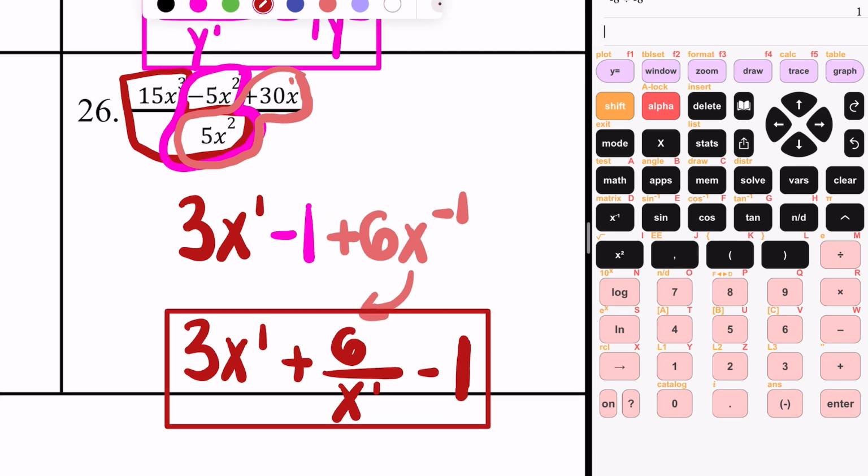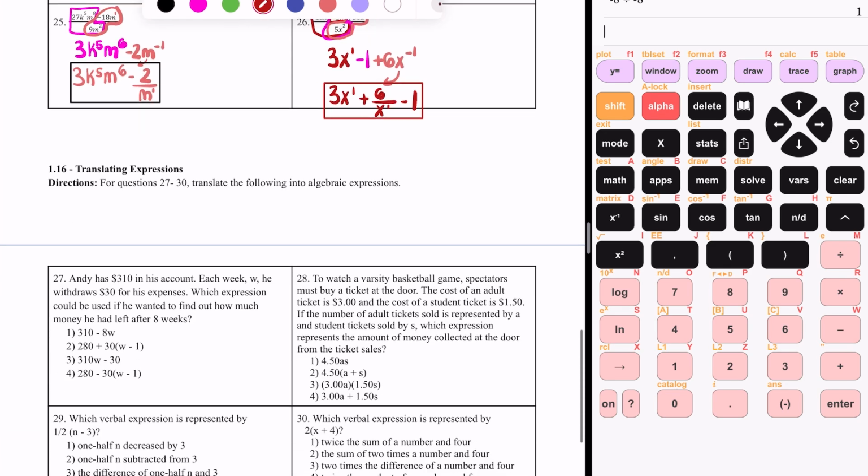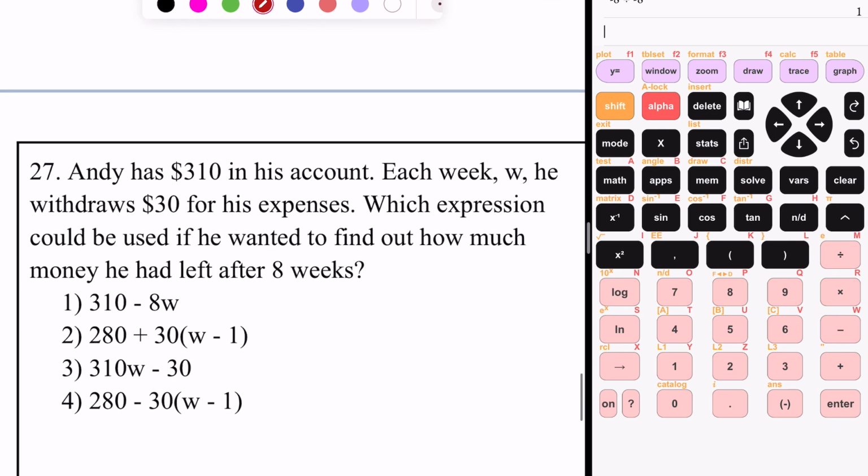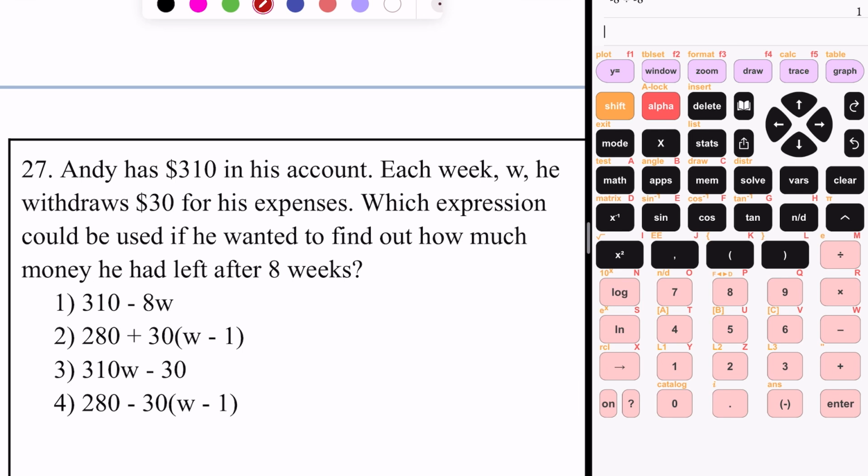Right, good. And let's look at these last 4 questions where we are going to translate these expressions into algebraic expressions. 27. Andy has this much money in his account. Each week he withdraws this much. Ooh, when you withdraw, you're taking away, so there should be a minus in our problem.